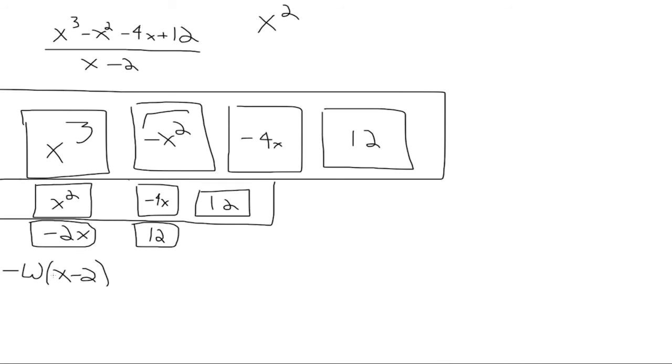So we're going to subtract w times x minus 2. We know w times x must be equal to negative 2x, because we're getting rid of this negative 2x. So we can use algebra, divide both sides by x, and we get w is going to equal negative 2.